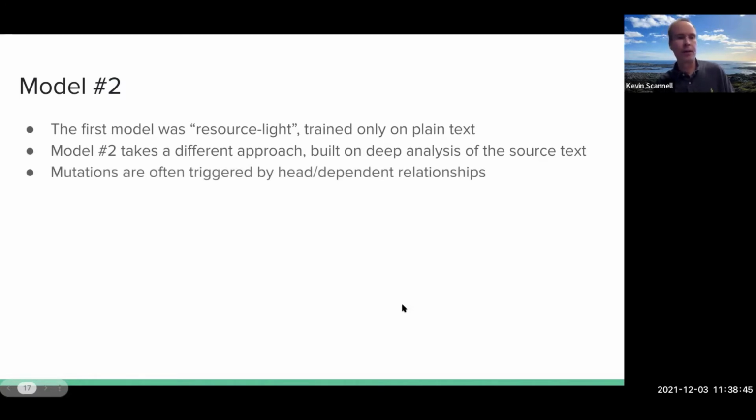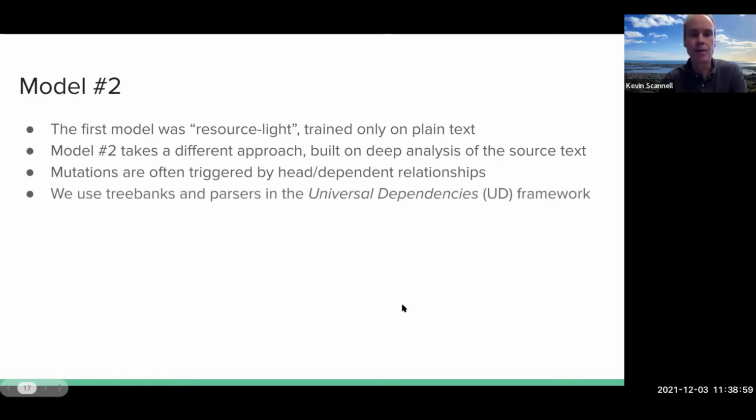And here, the key observation is that mutations are often triggered by some kind of head and dependent relationship. So a noun and its dependent adjective, and so on. So this led to an approach using tree banks and parsers in the universal dependencies framework.